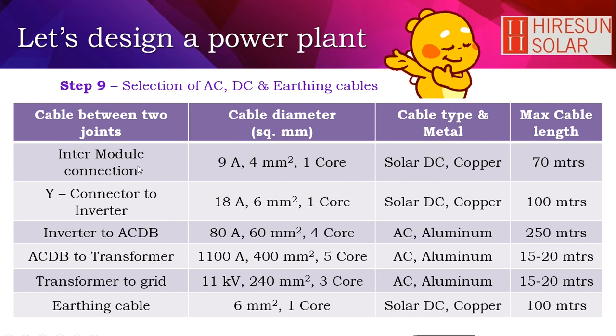We cable from the interconnection point to the T or Y connector, connect those cables to the inverter, and then the inverter output goes through cables to the ACDB, the AC distribution box. Then it is connected to the transformer, and from the transformer to the grid. We also have the DC earthing cable, which is 6 mm square, single core, and the maximum cable length is 100 meter.